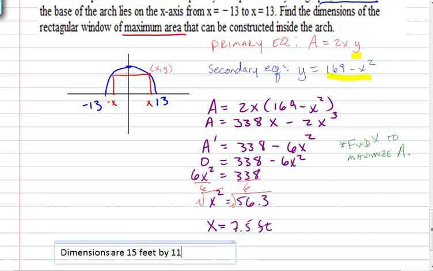We better do 112 3/4, because a 1/4 of an inch can throw things really off if you're doing construction. So there's the dimensions. Find the dimensions of the rectangular window of maximum area. How would we find the maximum area of that window? How much glass do we need to buy? 15 times whatever. We got it. We're done. We made it.